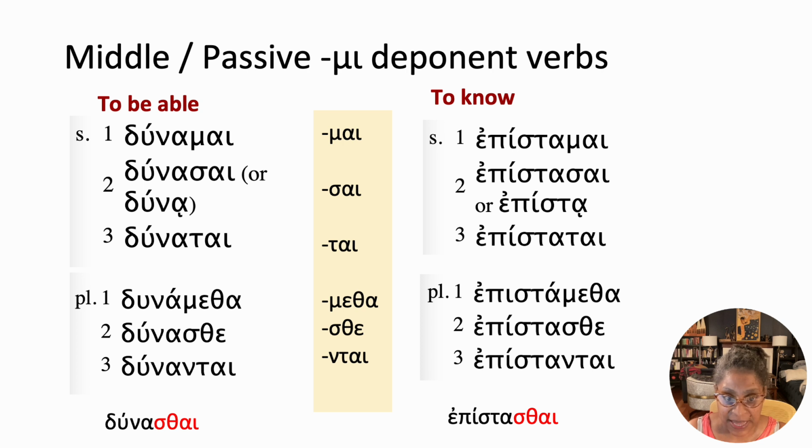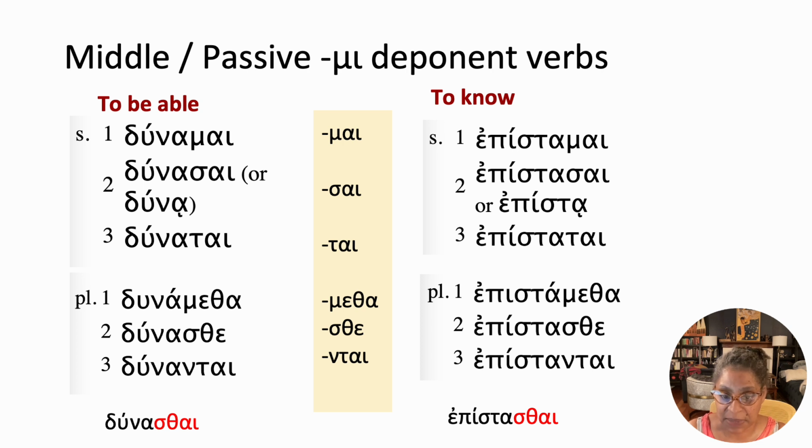And notice, again, if we took off that sigma, we would have alpha plus alpha iota, which would generate the alpha with the iota subscript. So there we have it. Dunamai, dunasai or duna, dunatai, dunamatha, dunasthe, dunantai.